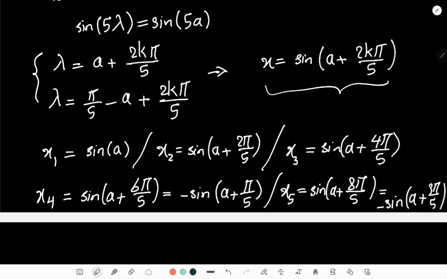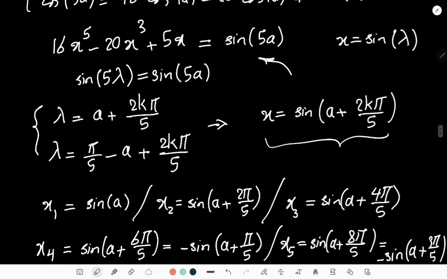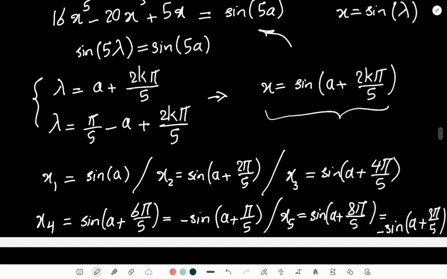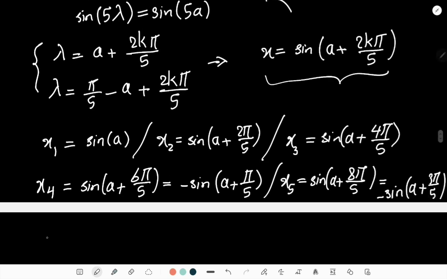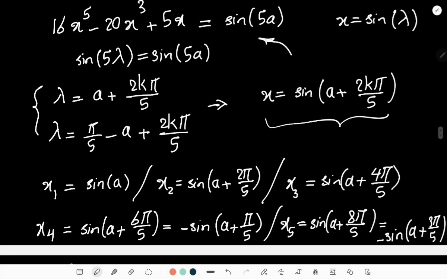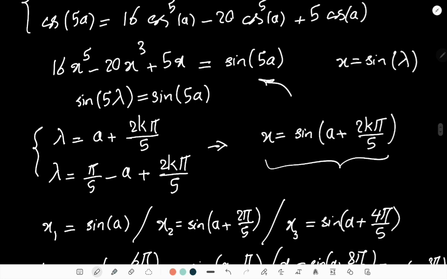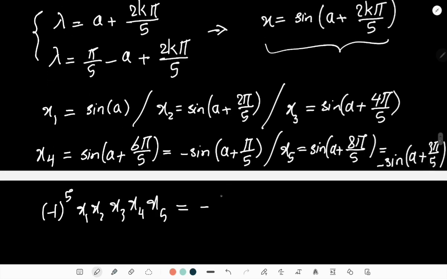And again, similar to what we had for order 3, the constant value in that equation of order 5 will be something like minus 1 to the power of 5, x1, x2, x3, x4, x5, which in this case will be minus 1 over, because you have to bring sine 5a to the left side, and then you have 1 minus there, over 16 sine of 5a.